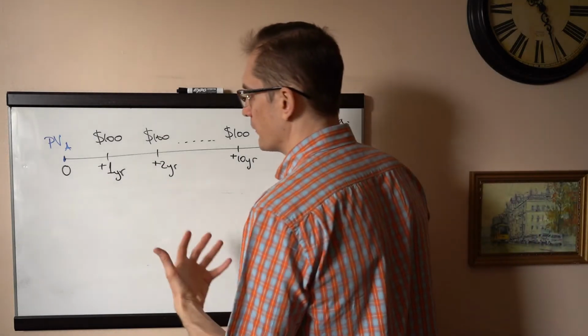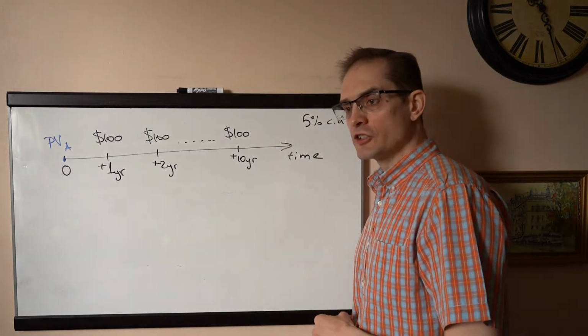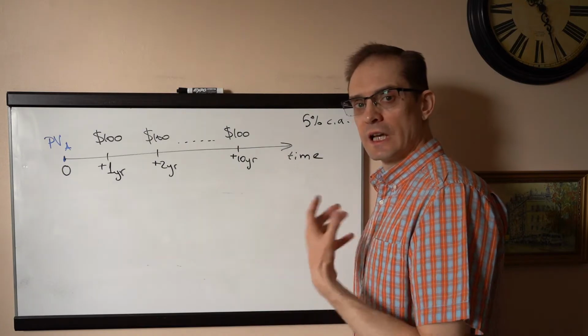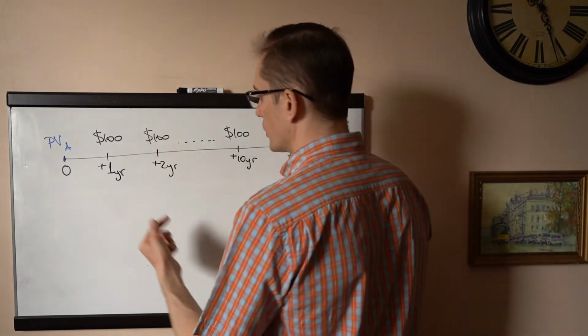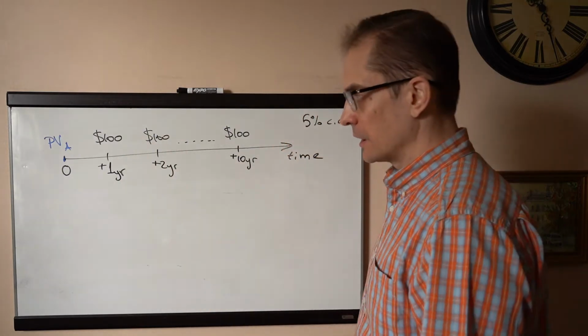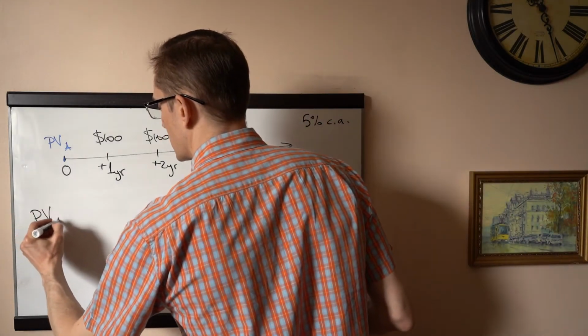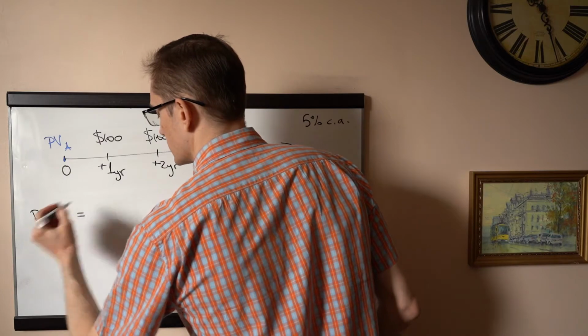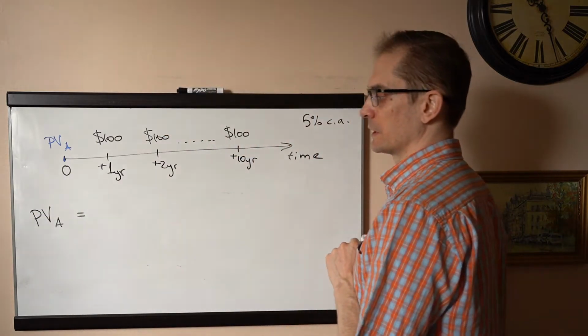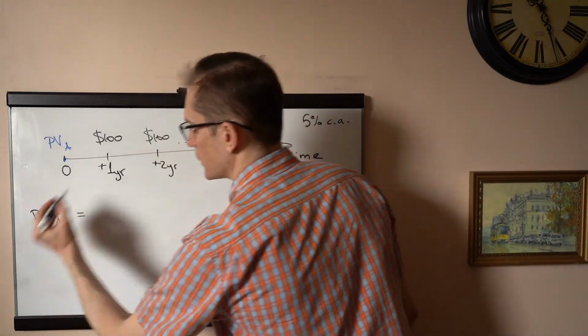Well, we have a question now to ask: how much is that loan? What is that loan amount, right? So of course you can realize that in order to find this loan amount, let me write it down here as present value of annuity. That's loan amount.